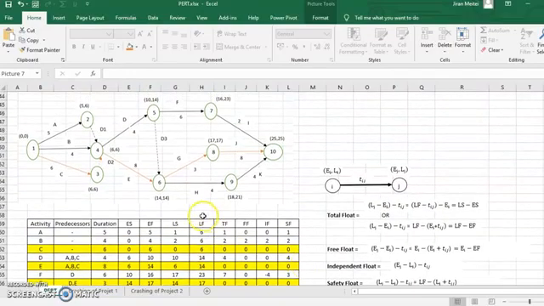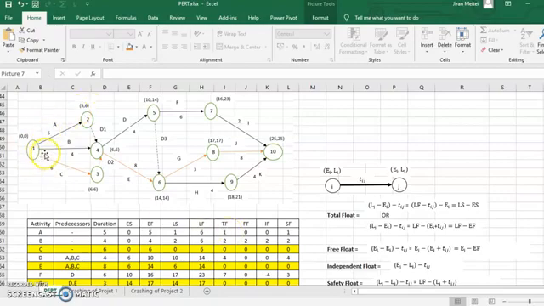Now let's start with the total float. Your total float is going to be computed by LJ minus EI minus TIJ for all the activities. For activity A, your LJ is 6, your EI is 0, 6 minus 0 minus 5, which is 1.